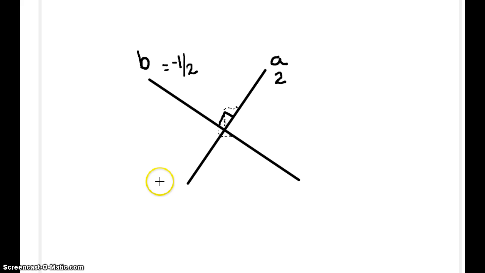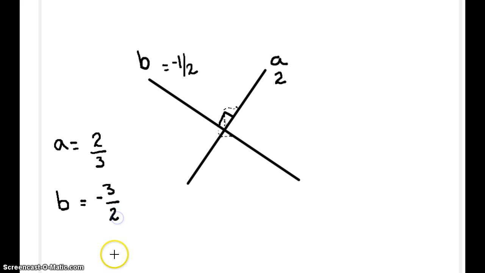So if you don't see a pattern yet, we'll do another one. If A has a slope of 2/3, we now know that the perpendicular line to that has a slope of negative 3/2. Let's see if you can guess this one.